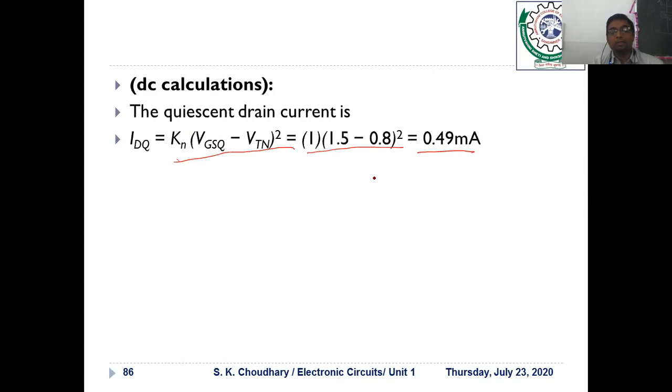Now the next step is what? You have to find out the VDSQ. So for the VDSQ, what do you have to do? We have to apply the KVL on the output loop.